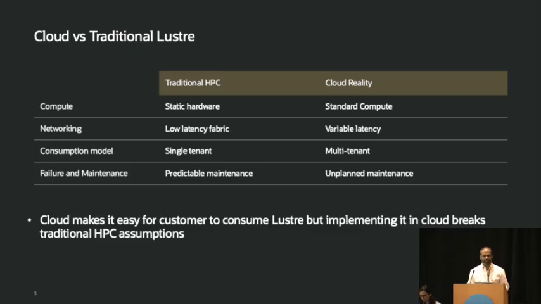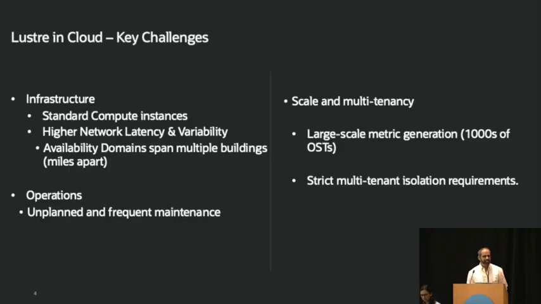And of course, on-prem, you have predictable maintenance where you own the entire infrastructure, so you can control when the maintenance is going to be done. But in the cloud, it's not the case. There are going to be maintenance notifications, but it's not really fully in your control.